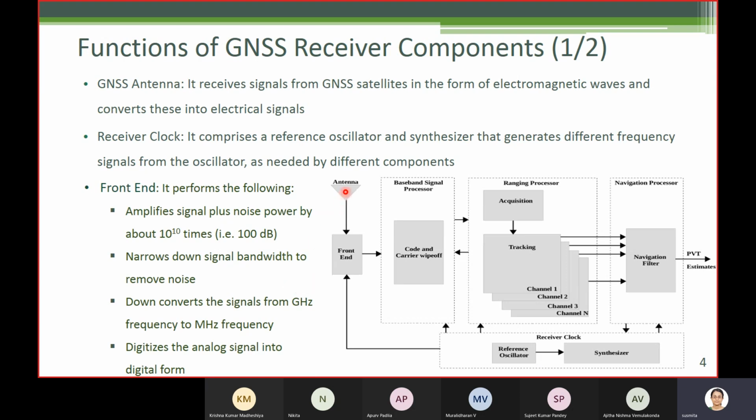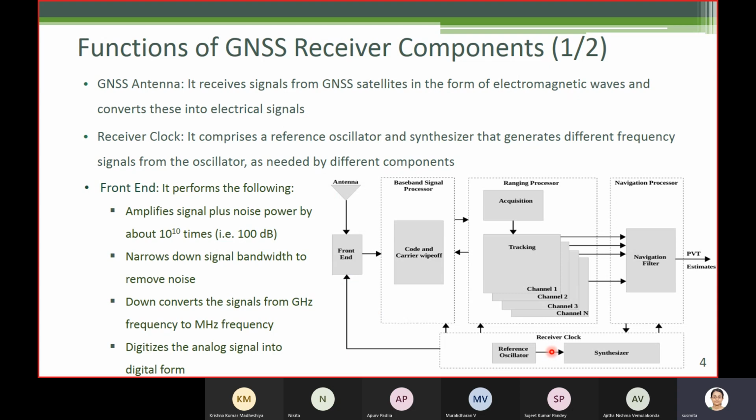The GNSS antenna receives signals from the satellites in the form of electromagnetic waves, and its job is to convert the electromagnetic waves into electrical signals. Because we cannot process electromagnetic waves, we need to convert them into electrical signals for further processing. Okay. Now at this point, signals are basically analog electrical signals.